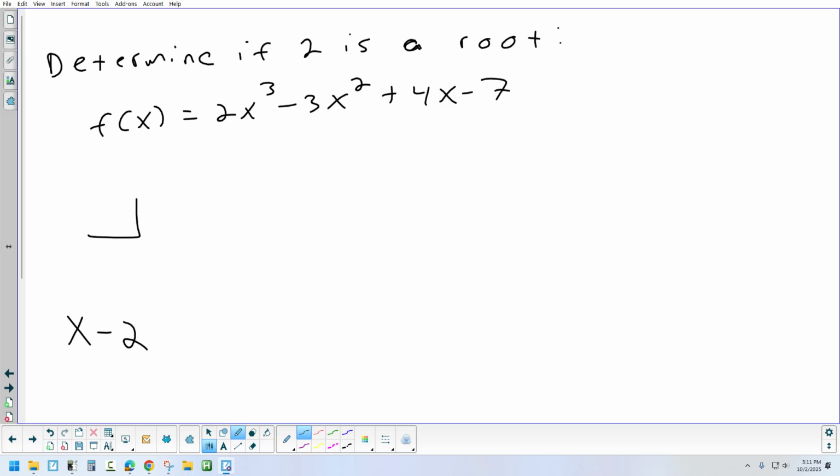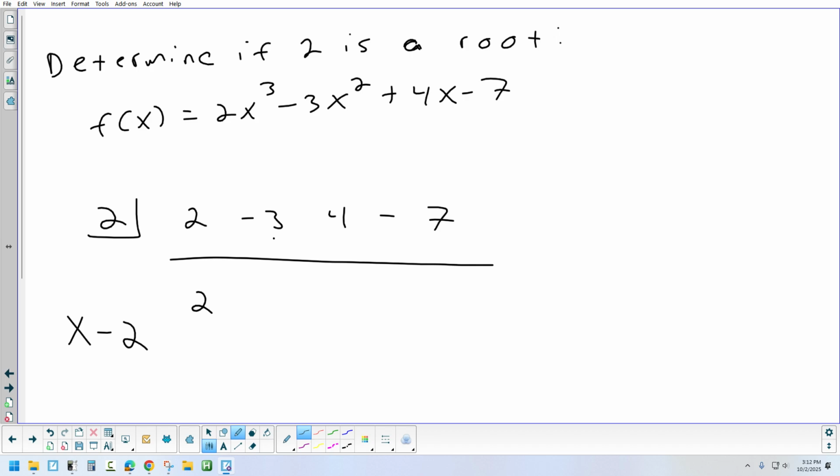So the number after the minus sign is a 2. And Alexis, what about my numbers on my inside? 2, -3, 4, and -9. Yep, no numbers missing, so we're good there. So we'll do the synthetic division, but the point of this is to look at the remainder when we're done and then figure out if 2 is a root.